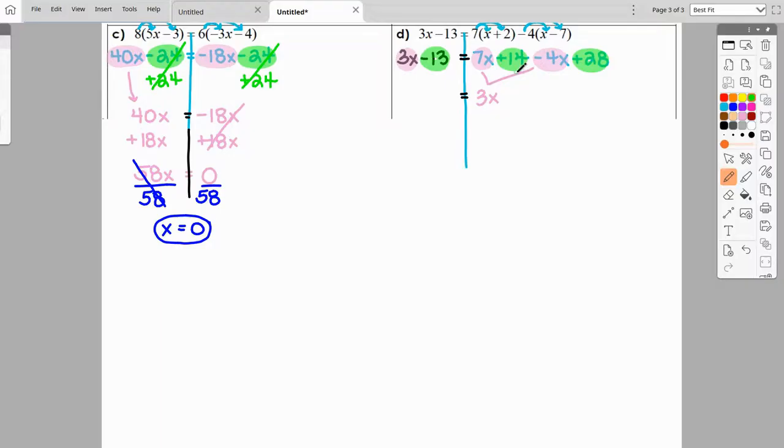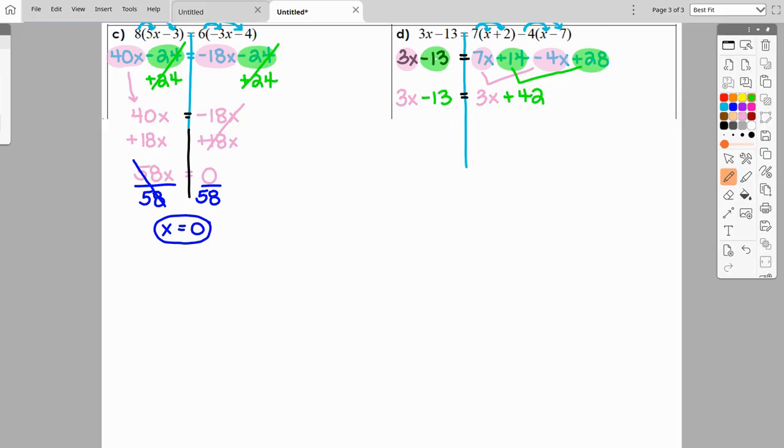I also have two numbers on that right side, 14 and 28. I can combine those together right now to make 42 here. What I'll do is bring down my left side of 3x minus 13.